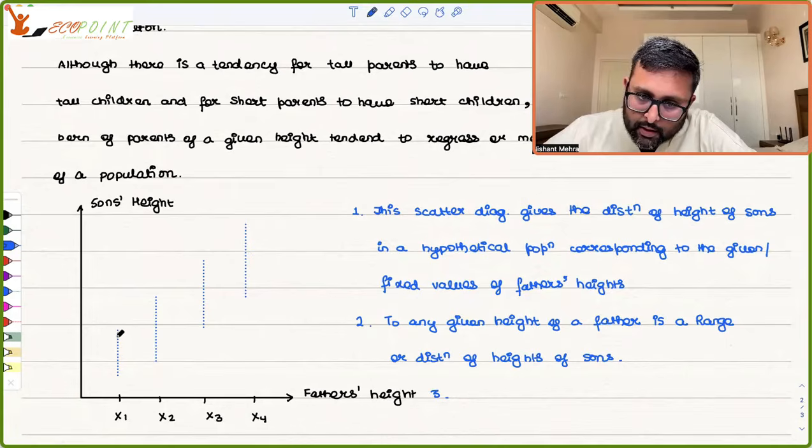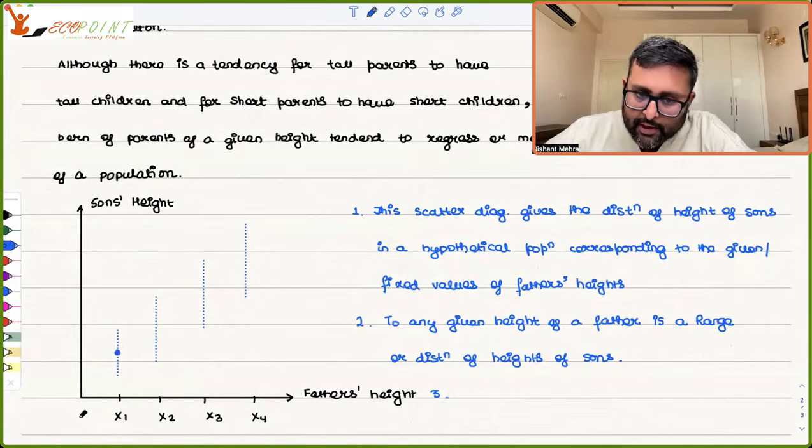So for example, here the given height of the father is 5 feet. Height of sons can range from 4.9 to 5.2. Right? So we have different heights of sons for this particular given height of the father. And let's say the average value is this.